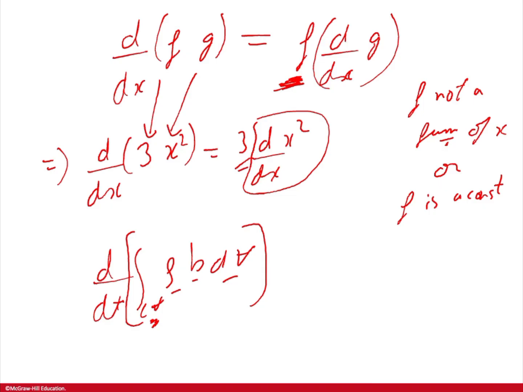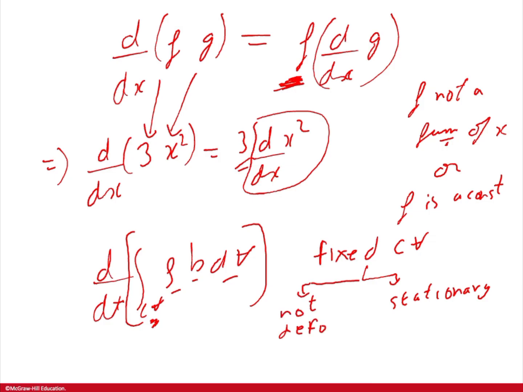Okay, so now if you are looking at a fixed control volume, what is the deal with a fixed control volume? A fixed control volume is stationary and not deforming. So its shape does not change, or its volume does not change.